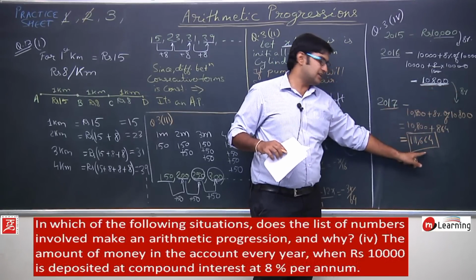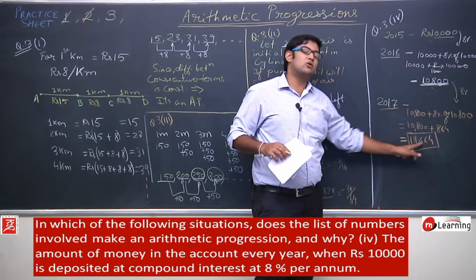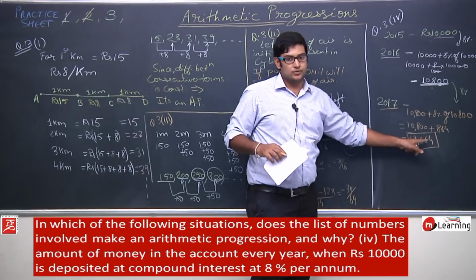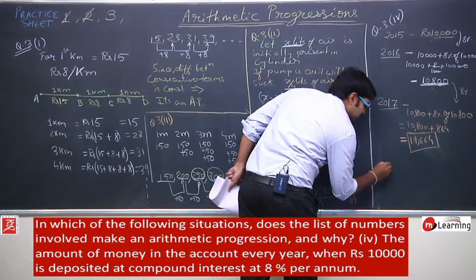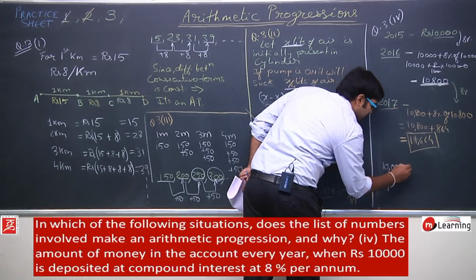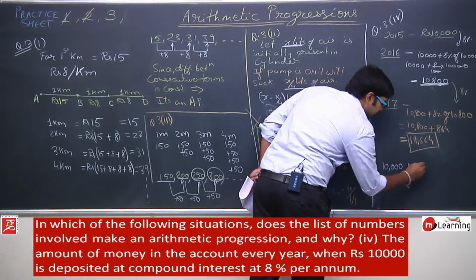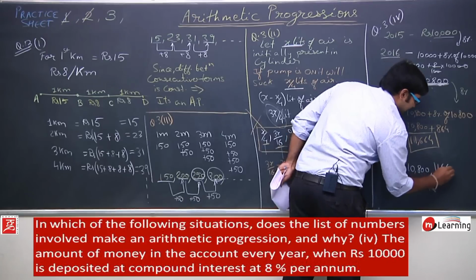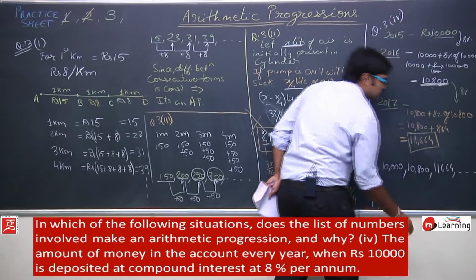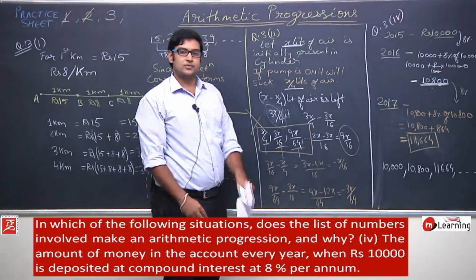So in 2017, I have this much amount in my bank account. So what you can see is, my money was initially 10,000, then it became 10,800, then it became 11,664, and then so on. It will go like this.